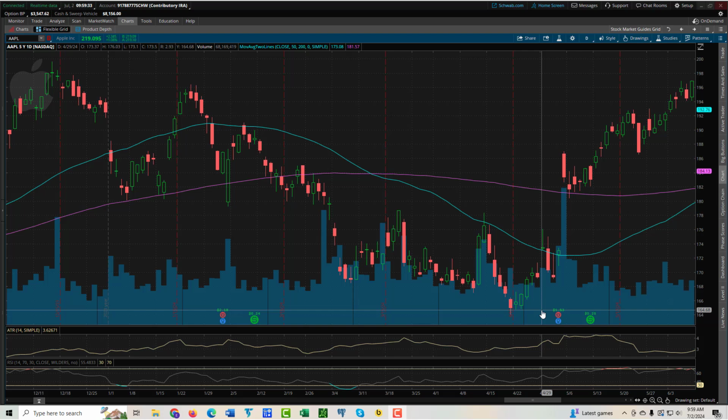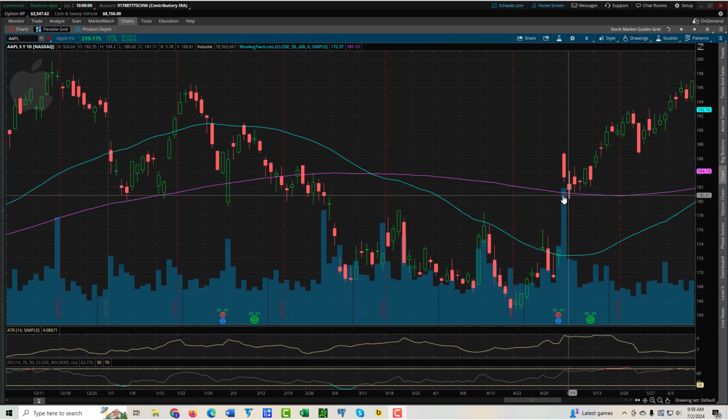Of course, no matter what the trading strategy is, even if the odds are in your favor, it doesn't mean you're going to win every single time. So maybe with Apple, it typically does pay out to short when there's a death cross, and this might just be an outlier that didn't work out the way it historically tends to. But it's still interesting to see exactly how these things play out.